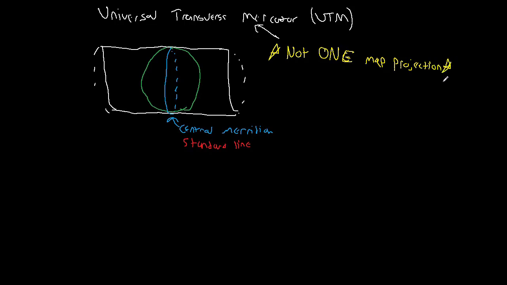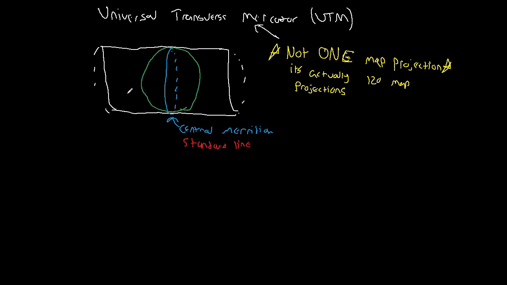It's actually 120 map projections. And the reason that I say that is the way that UTM was designed was to take this central meridian every 6 degrees of longitude.